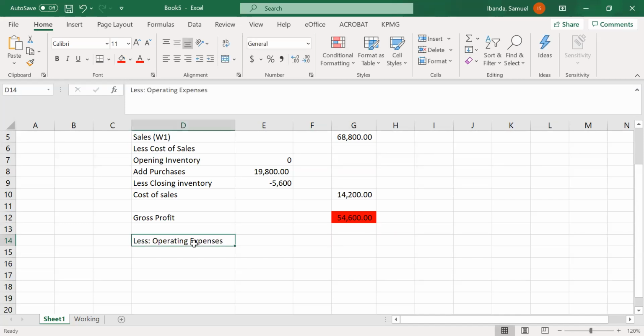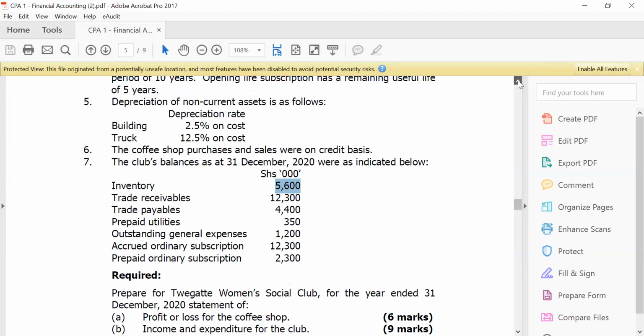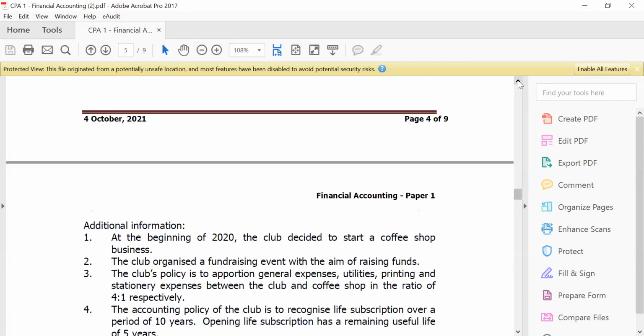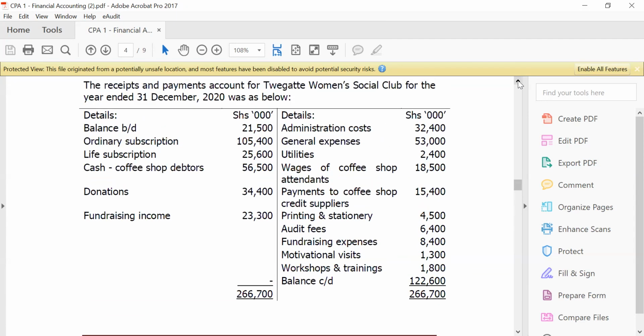So the operating expenses we are going to list here are only operating expenses that relate to the coffee shop. So the goal is to go through this information to determine what are those expenses that relate to the coffee shop.